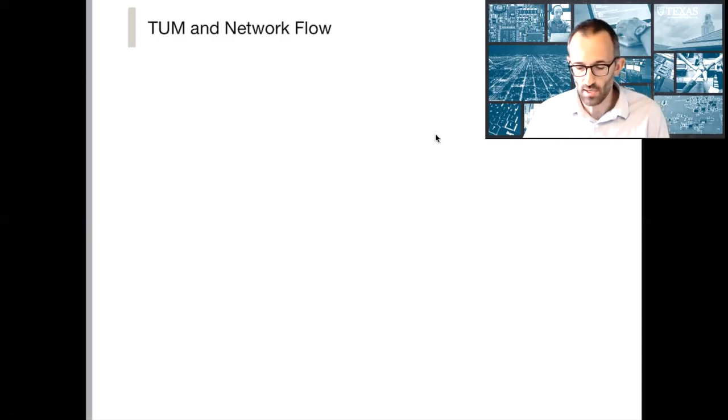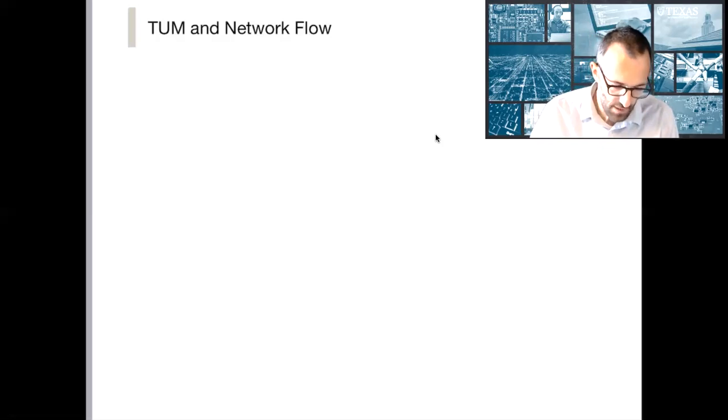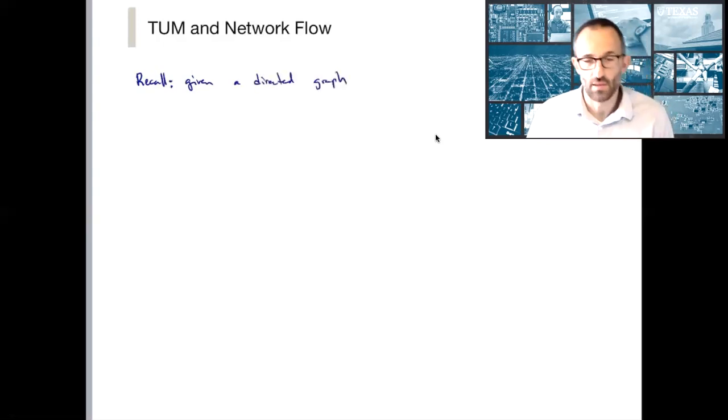We're going to now talk about network flow and show a property of total unimodularity for this type of problem. So let's recall the basic setting. Recall that given a directed graph, the incidence matrix is now signed.